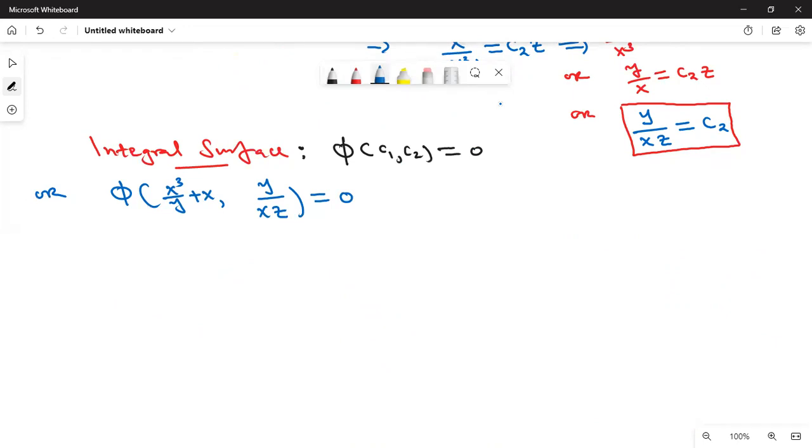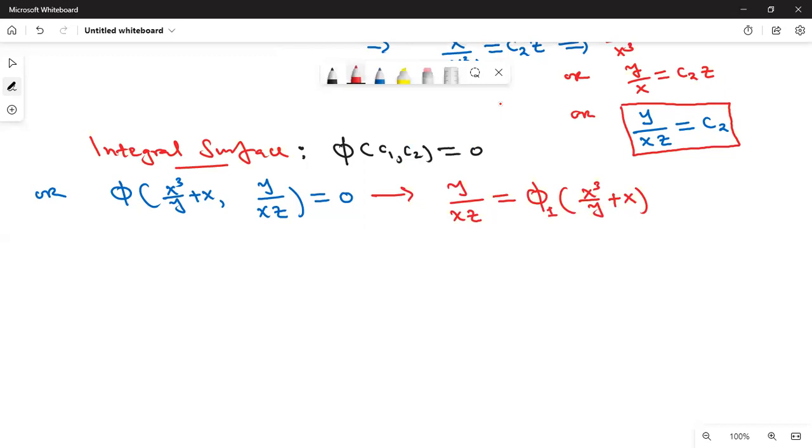And I told you, remember, phi here is an arbitrary function. If you factor out one of the parameters, let's say the second parameter, which is Y over XZ, this is also equal to an arbitrary function, call it phi1, of the first parameter, which is X cubed over Y plus X. So that's another way of writing that integral surface.